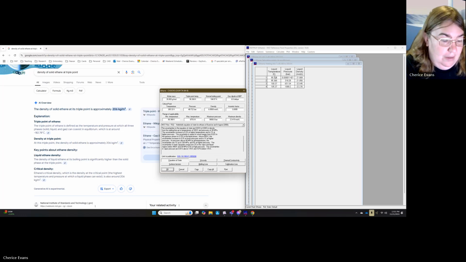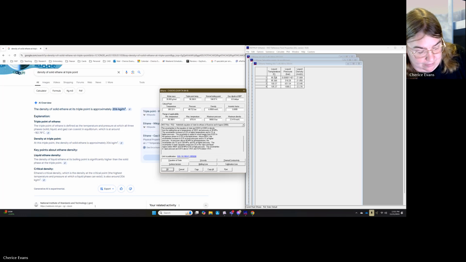So 206 kilograms, times 10 to the third grams, divided by 30.069 is 6850 moles.